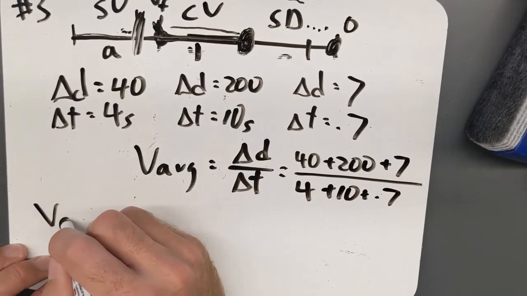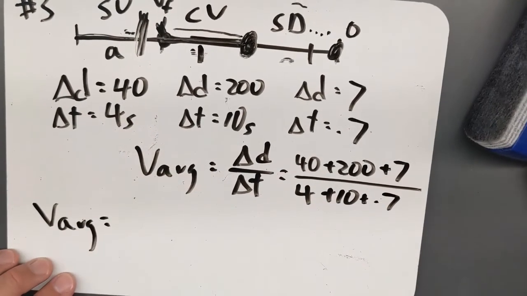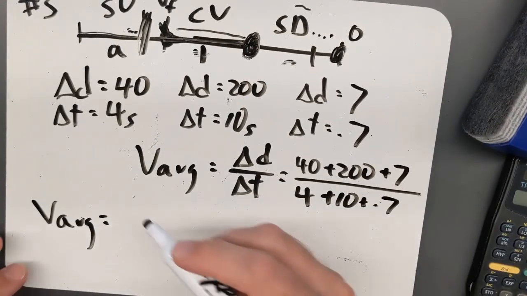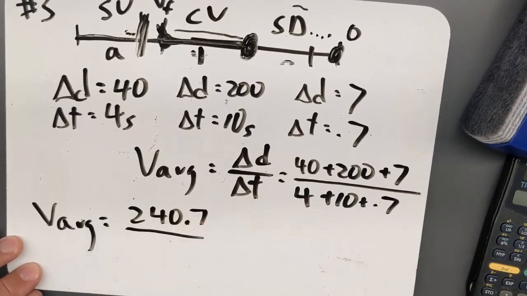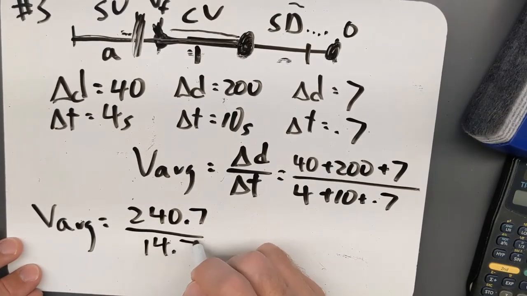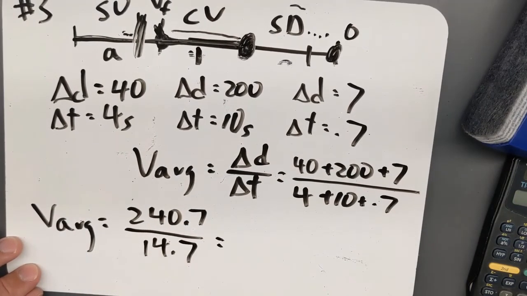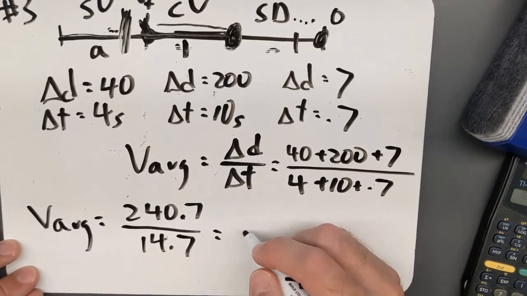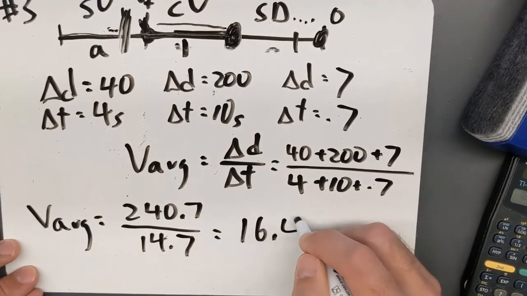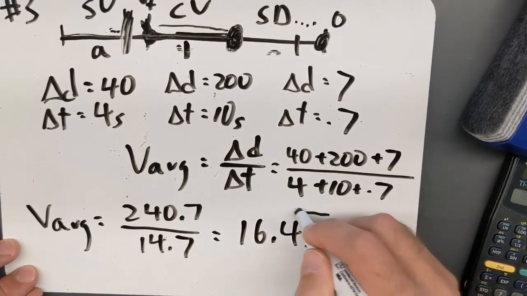On the top that's 240.7, and on the bottom that's 14.7. So now 240.7 divided by 14.7 gives me 16.4 meters per second.